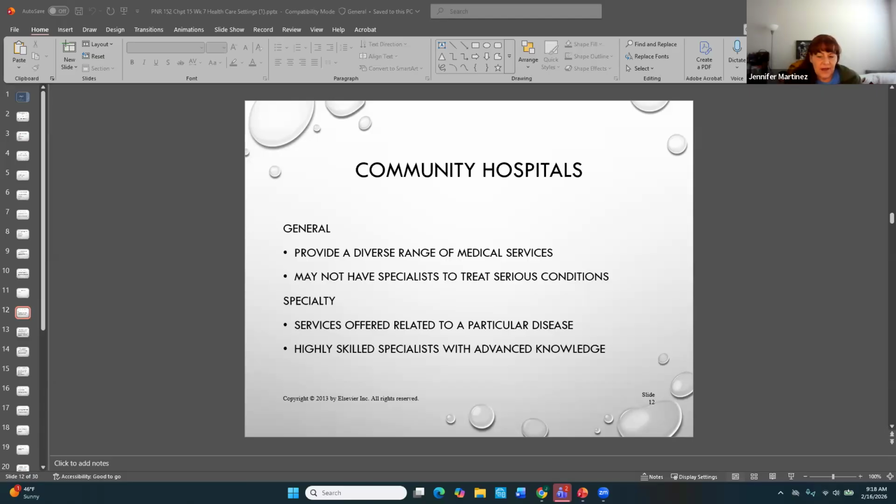A hospital that has a general inpatient hospital may have a specialty hospital attached to it that does acute rehab or intense rehab. But obviously, with the specialty hospitals, those providers are specialists. They have advanced knowledge working in those areas.